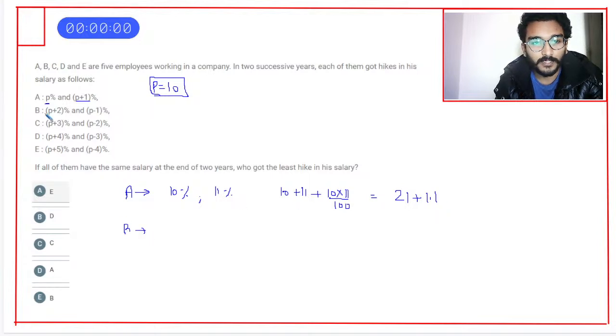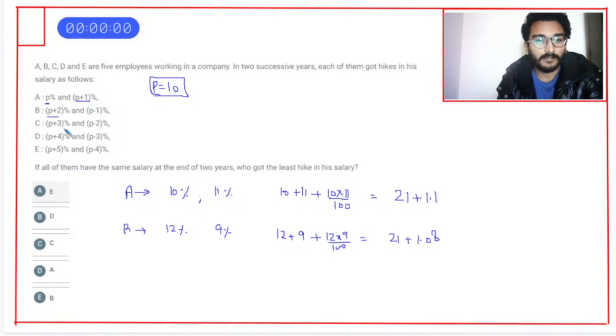According to B, the percentage is p plus 2, which is 12%, and p minus 1, which is 9%. So successive, it is 12 plus 9 plus 12 multiplied by 9 by 100. It is 21 plus 1.08. I can see all of them with the same pattern.